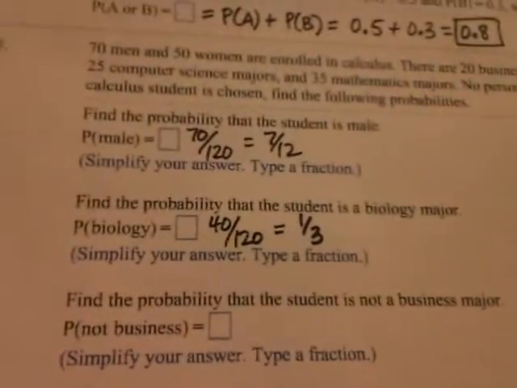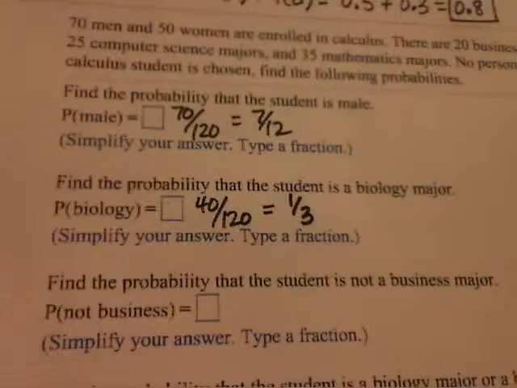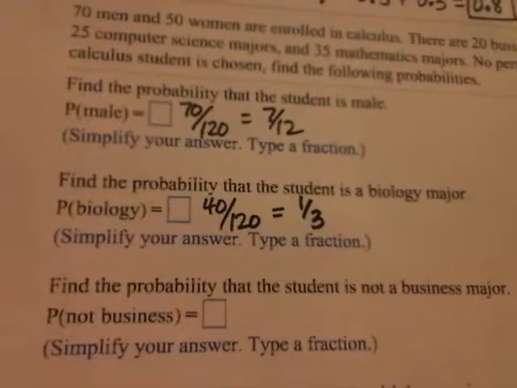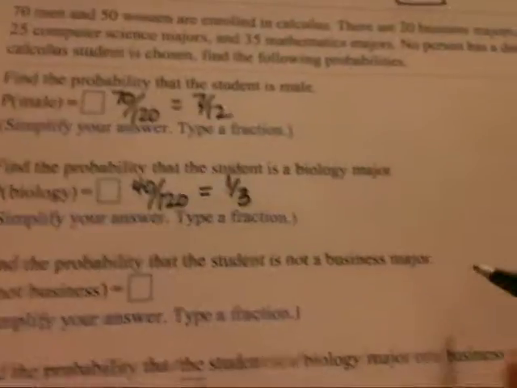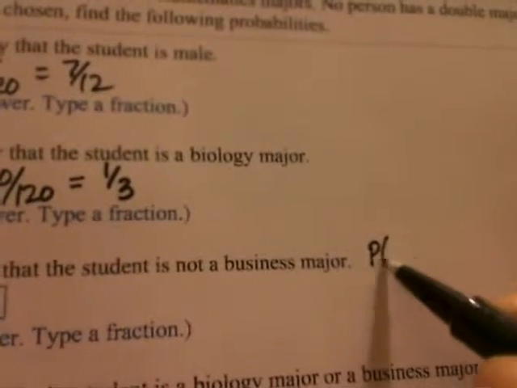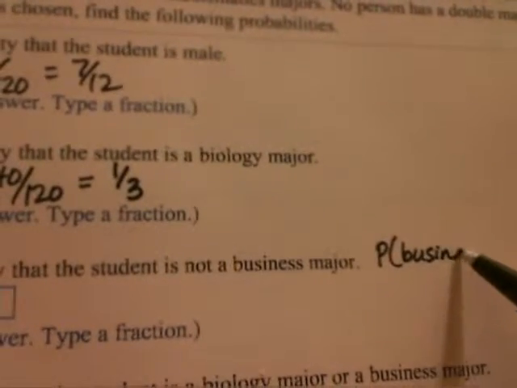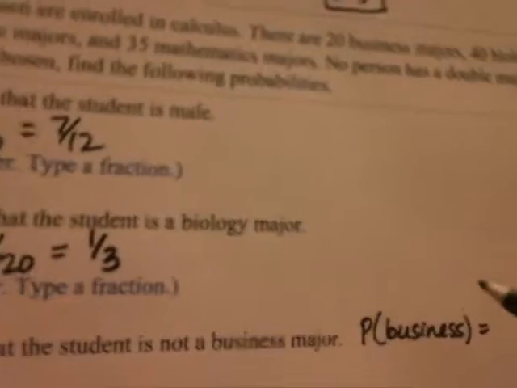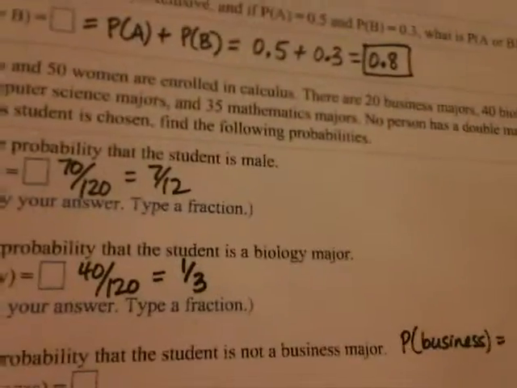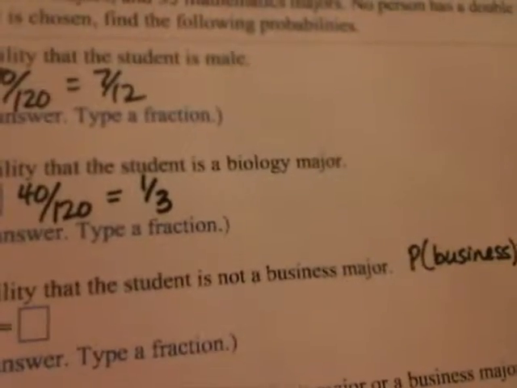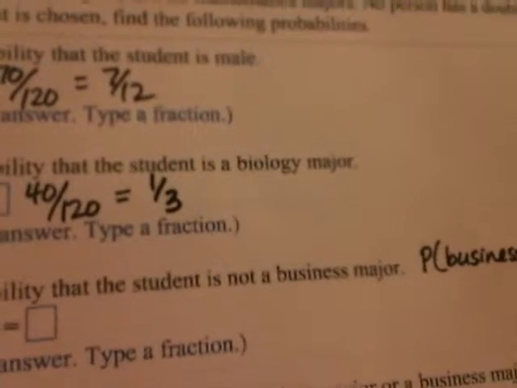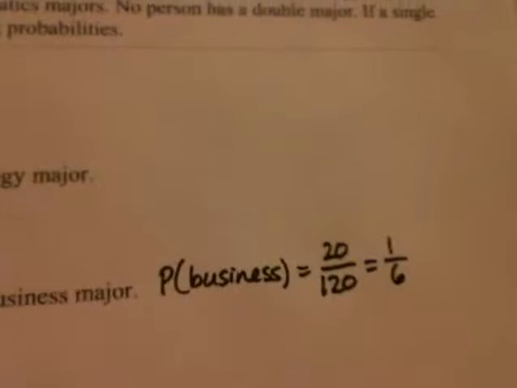All right, and then the next problem is to find the probability that the student is not a business major. In this case, we first want to find the probability that the person is a business major. We know that there are 20 business majors out of 120. So that'll be 20 over 120, which is, in simplest form, 1/6.